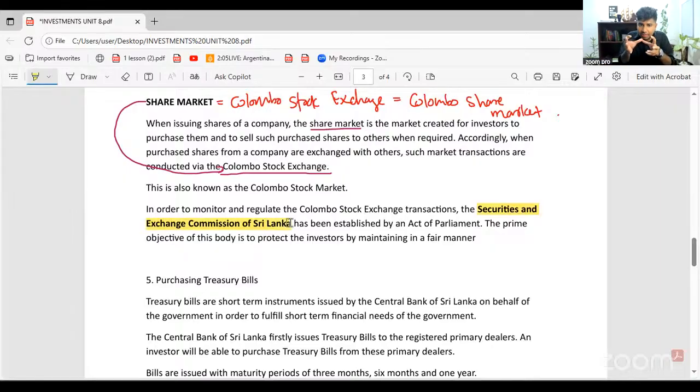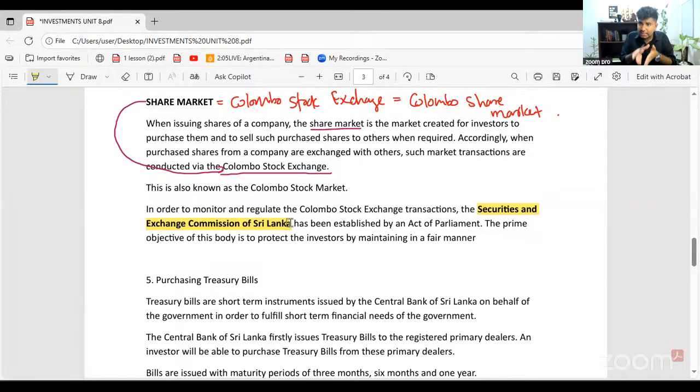This commission was established to keep an eye on the share market, to check whether transactions are happening properly, whether companies are cheating the investors, and to check the quality of share market transactions. We call this governmental body the Securities and Exchange Commission.